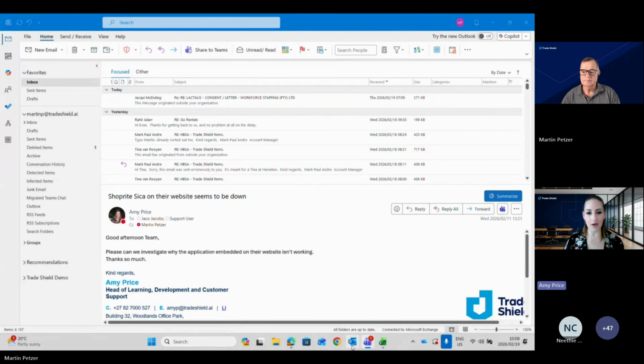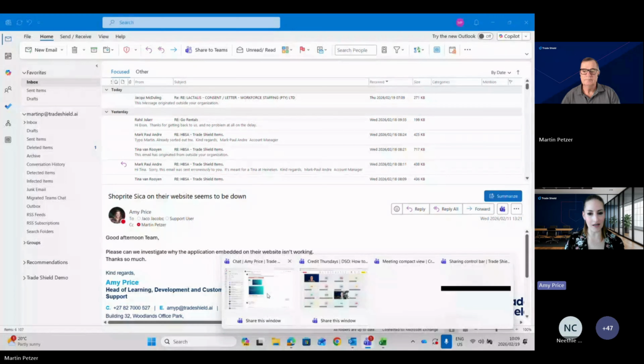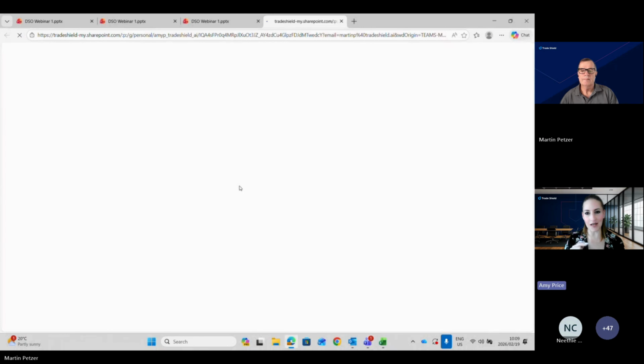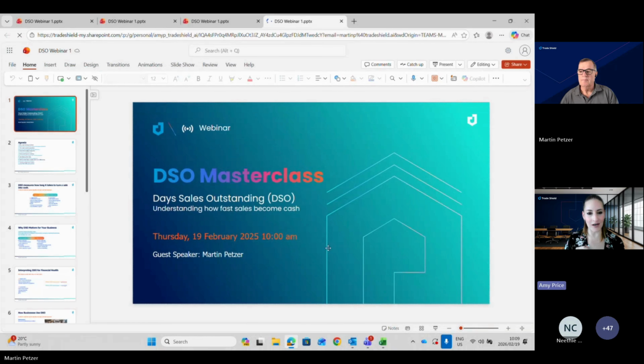So just remember, if you unshare, Martin, just open that. You're still sharing your screen, so you want to unshare and then share directly from there. Can you see where it says present? You're going to want to present in Teams. There's a little drop down next to it.